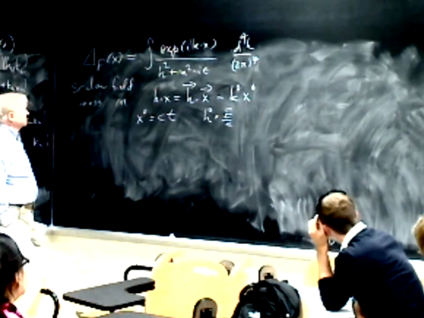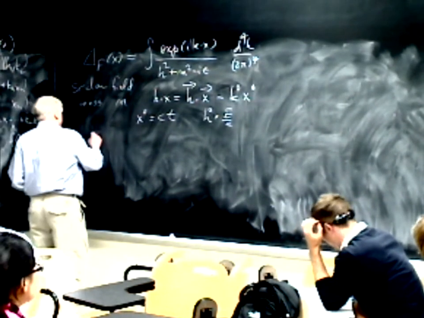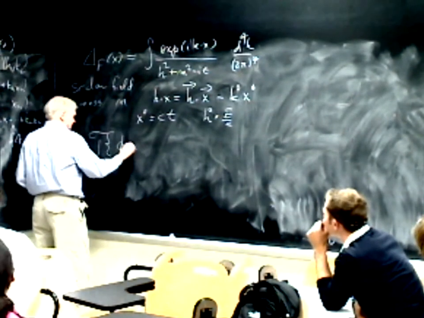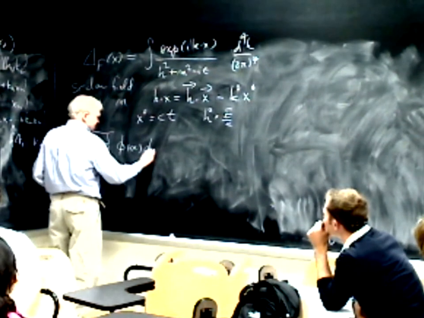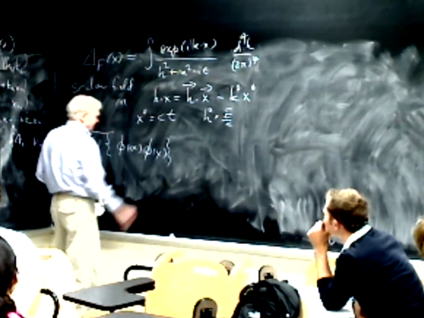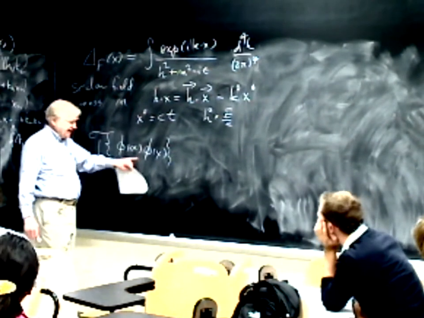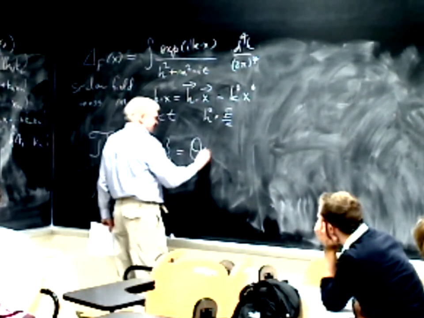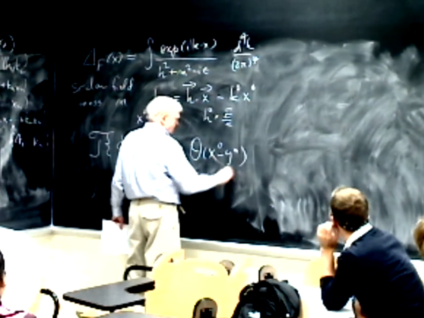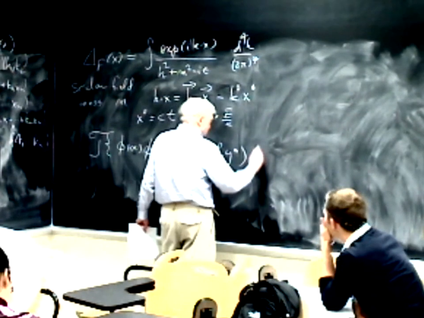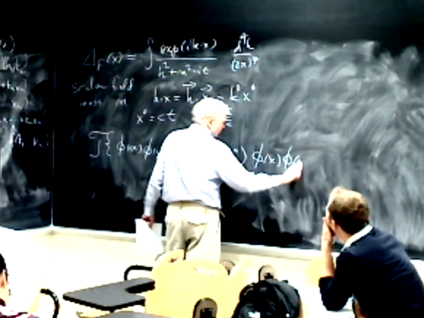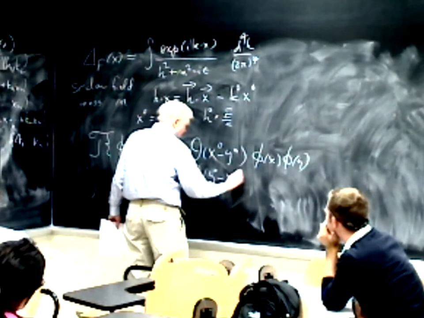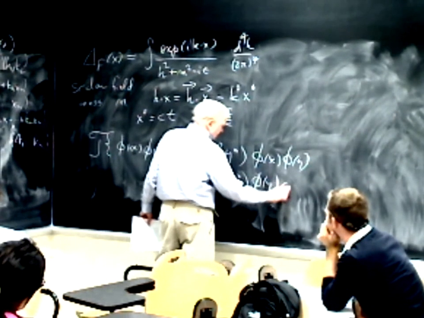now one of the things that the Feynman propagator gives us can be defined in terms of the time-ordered product of 2 quantum fields. Quantum field at x and quantum field at y. So this is a space-time point x, a space-time point y, and this is the Heaviside function of x0 minus y0 times phi of x, phi of y, plus the Heaviside function of y0 minus x0 times phi of y, phi of x.